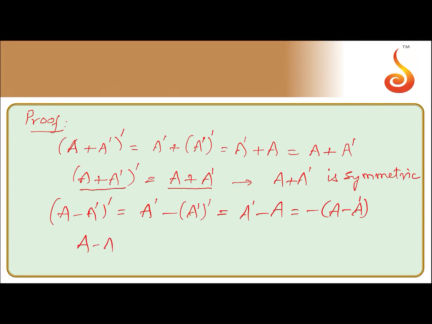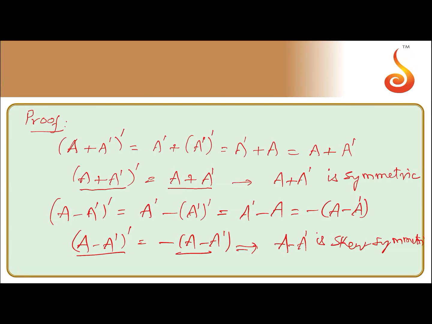So A minus A transpose whole transpose equals minus of A minus A transpose. So I say A minus A transpose is a skew symmetric matrix.